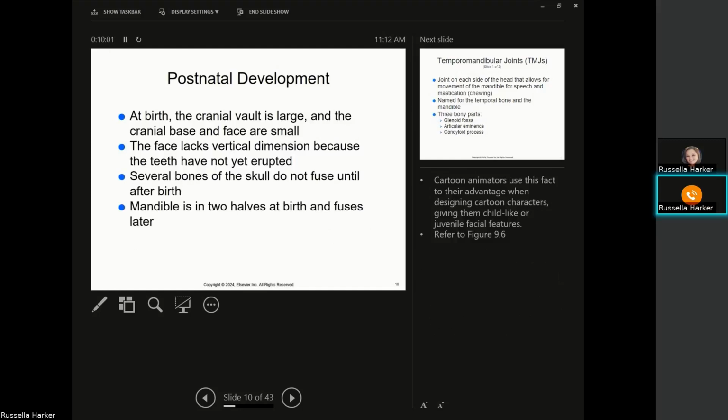But once their teeth start coming in, the dimension of their face changes and gives them a very different look. Several bones of the skull don't fuse until after birth. The mandible is in two halves at birth and fuses later at that symphysis menti, like I had just talked about.